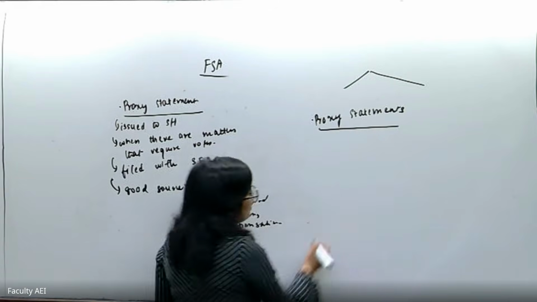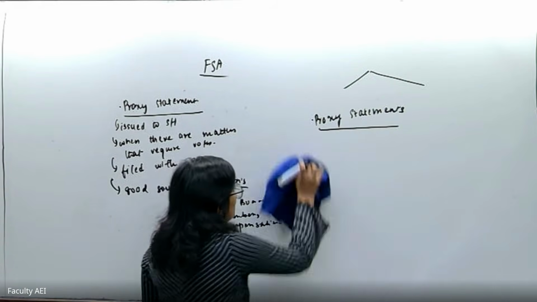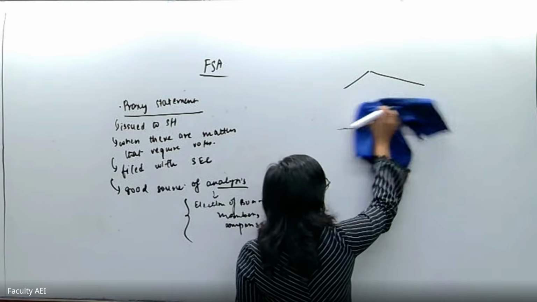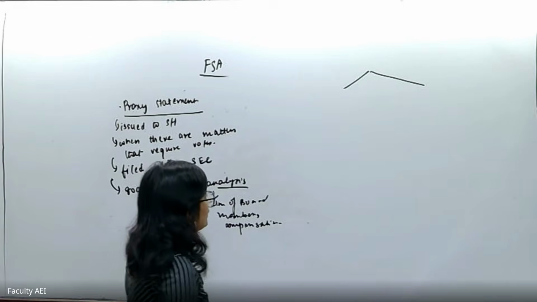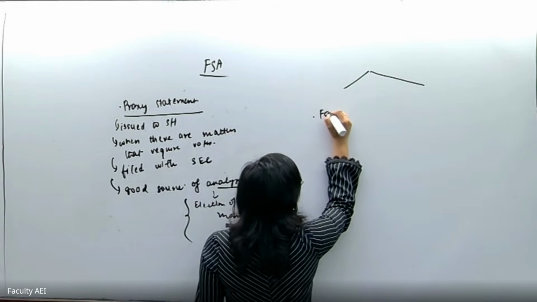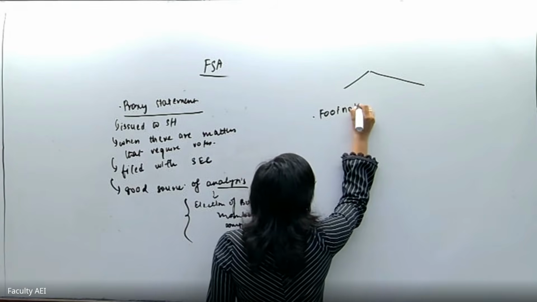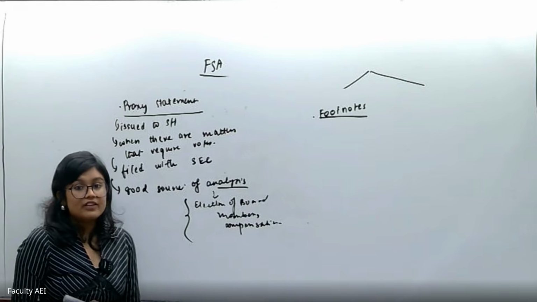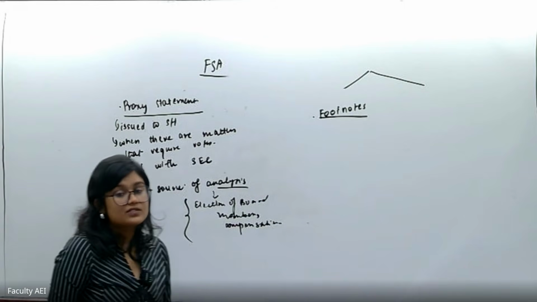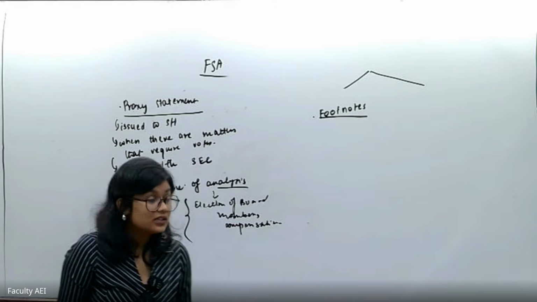So if there is no provision to show your contingent liability in the balance sheet, whoever is the reader of the financial statement, or whoever is analyzing the financial statements, everyone should be aware that after 5 years this liability can occur.